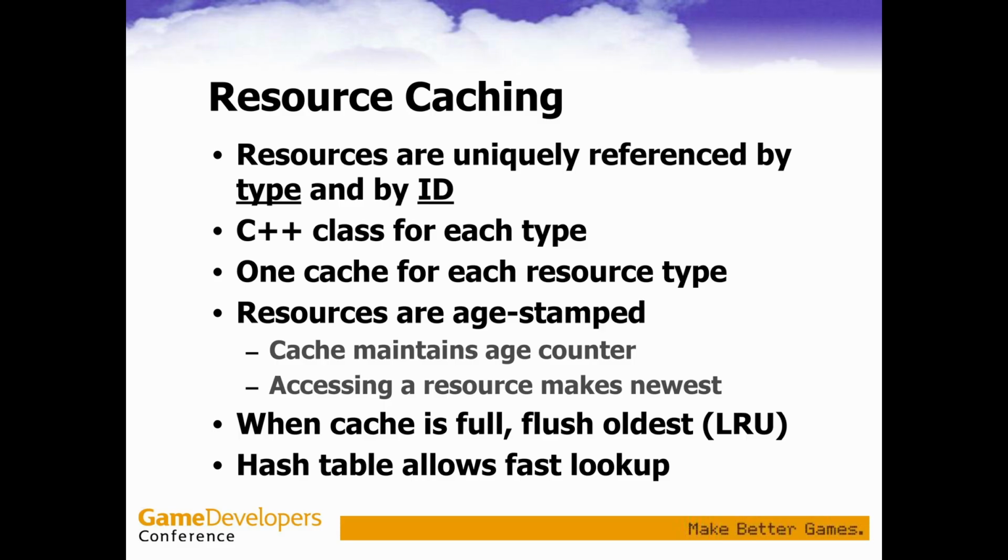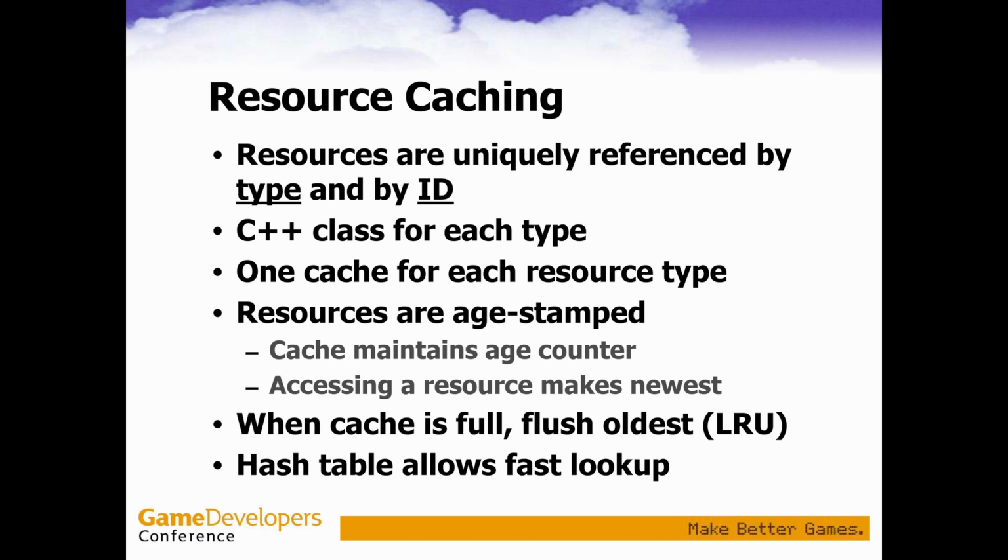In terms of code, we implement each resource with its own class that derives from a base class, which allows the common code for managing the resources, streaming, and loading to be shared by all the different resources. Each data type, such as texture, has its own cache, so we keep each one independently and manage it. Each resource has an age stamp on it so that the cache can determine when to flush old data when it's full, using a simple least recently used method.